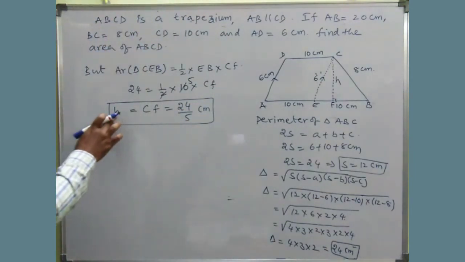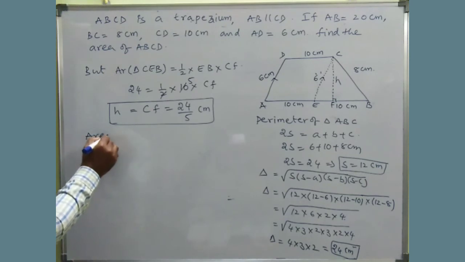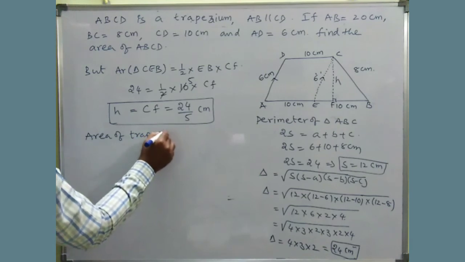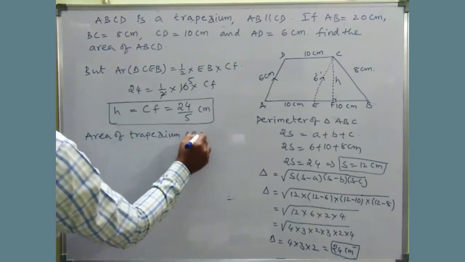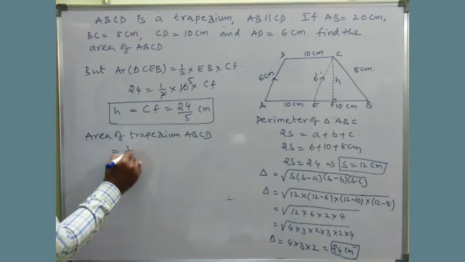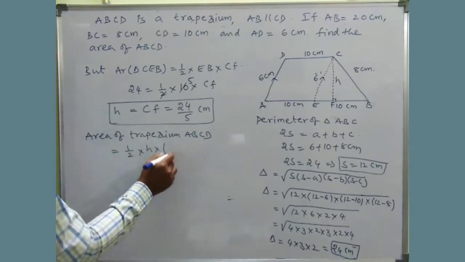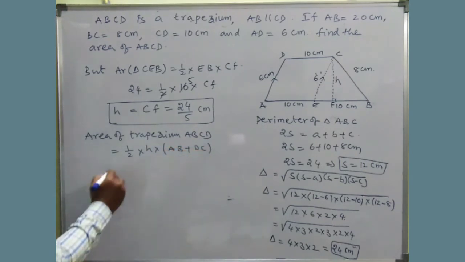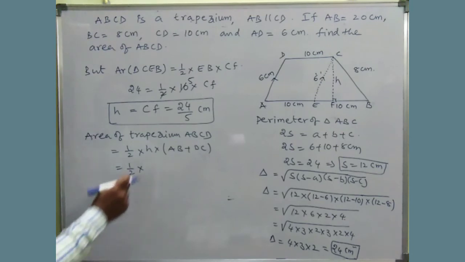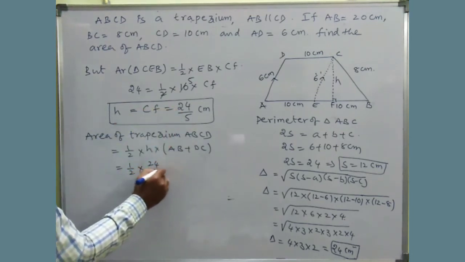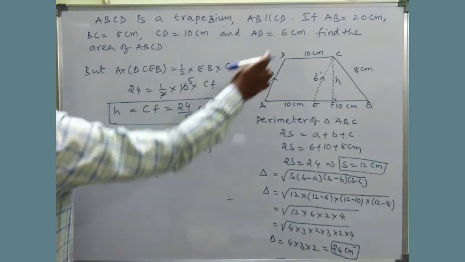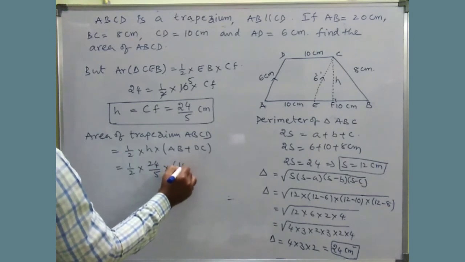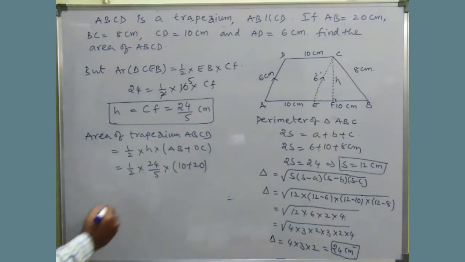Now since we got the height, we can go for the area of trapezium ABCD. What is the formula? Half into height into the sum of the parallel sides AB plus DC. So half into height 24 by 5, and the sum of these two sides, one is 10 centimeters and the other is 20 centimeters, 10 plus 20.